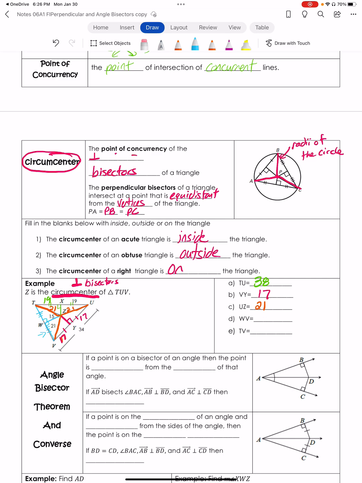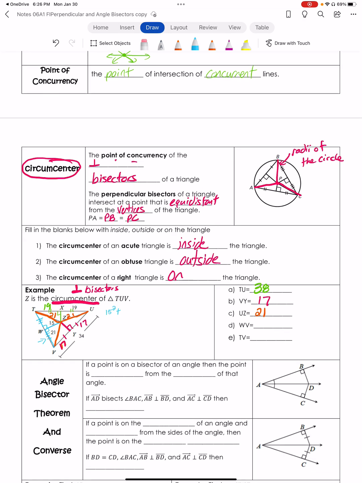I know that 15 squared plus WV squared is equal to 21 squared.